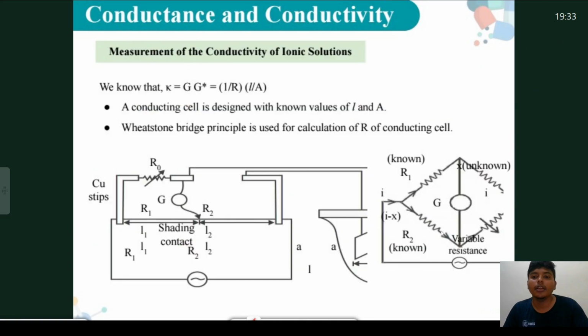Now, how to measure conductivity in an ionic solution? Generally, it is not in your syllabus, but just remember how to measure. Like in your physics, you learn about the Wheatstone bridge, where you can calculate the voltage of a system.